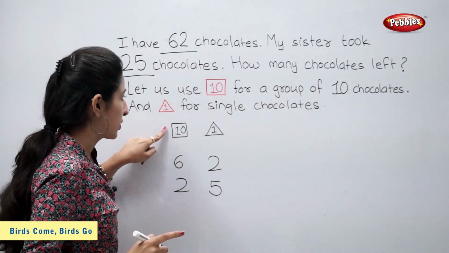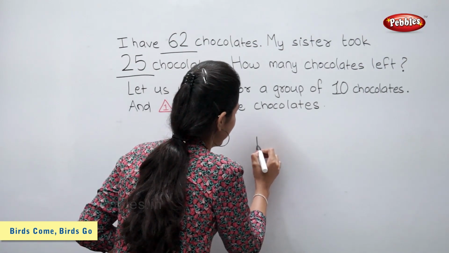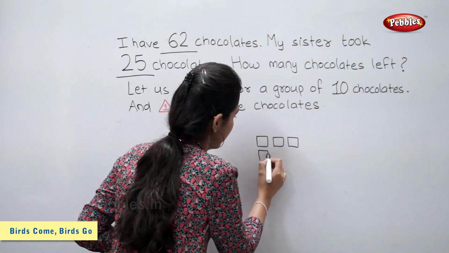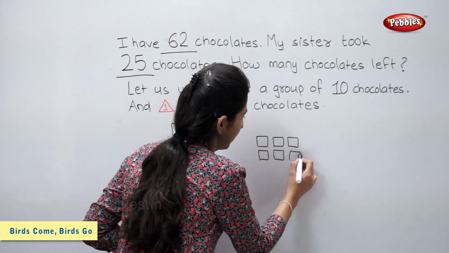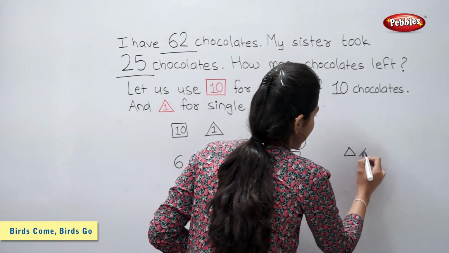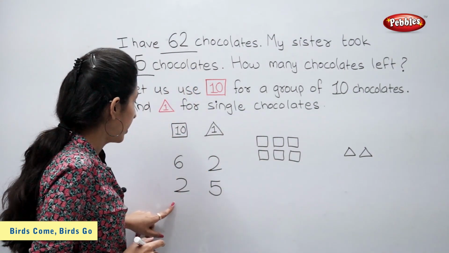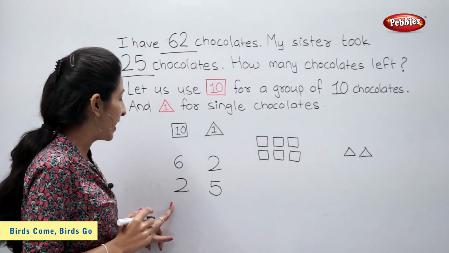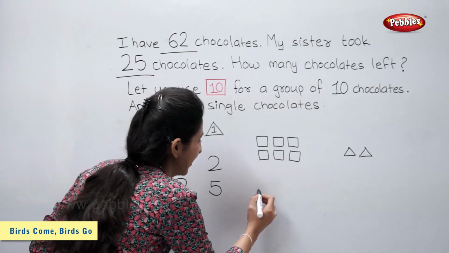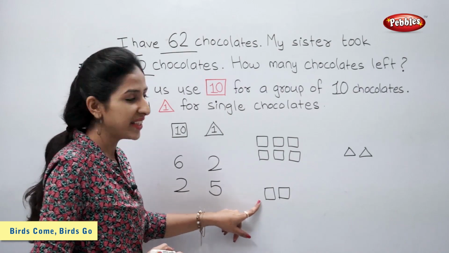So, 6 squares, 2 triangles. Number 62. Number 25. 25 means 2 squares, 5 triangles.